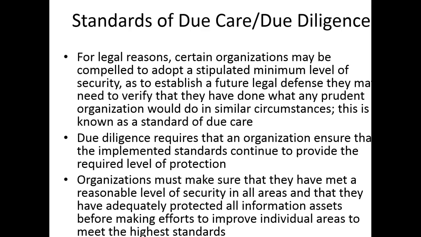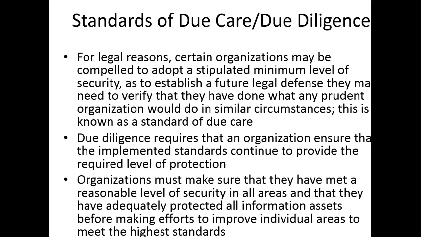Companies should make sure that they have met a reasonable level of security in all areas of the organization, and that they have adequately protected all the information assets that the company has, before making an effort to improve individual areas to meet higher standards.